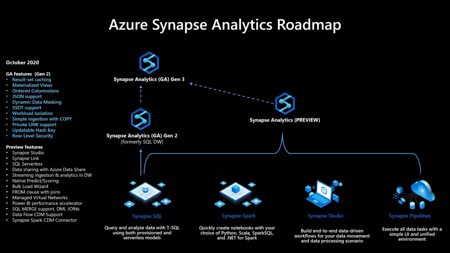Will we get the possibility to use this Polaris distributed SQL engine in other editions like managed instance or even SQL on premises? I don't know. I wouldn't think so. I don't think that the MPP engine would ever be ported into on-prem SQL Server. I don't think that's a feature that would come because they're very different. Yeah, from a product perspective, they're different. They have different alignment.